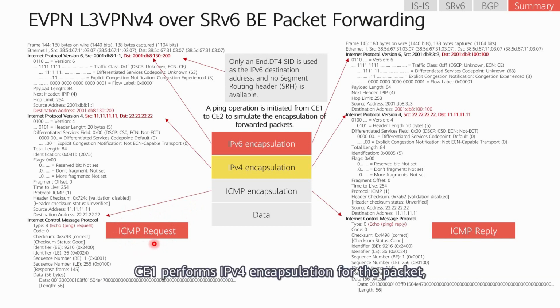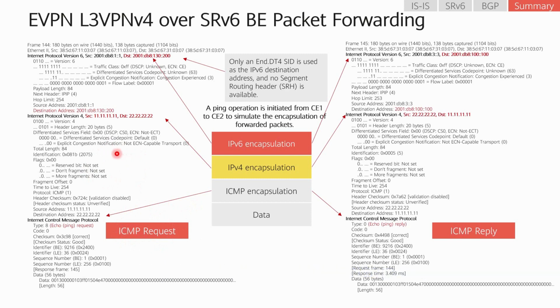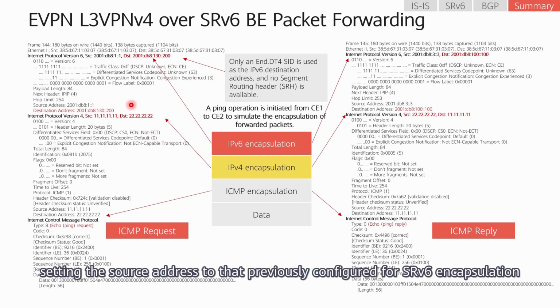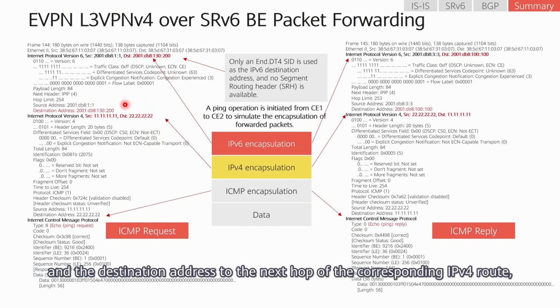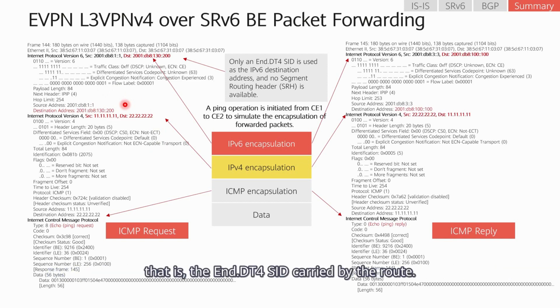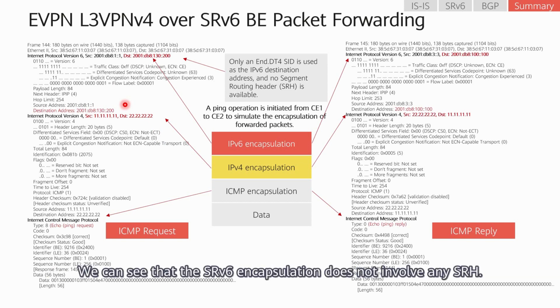C1 performs IPv4 encapsulation for the packet, setting the source address to C1's address and the destination address to C2's address. After receiving the packet from C1, P1 performs SRv6 encapsulation, setting the source address to that previously configured for SRv6 encapsulation, and the destination address to the next hop of the corresponding IPv4 route, that is, the End.DT4 SID carried by the route. We can see that the SRv6 encapsulation does not involve any SRH.